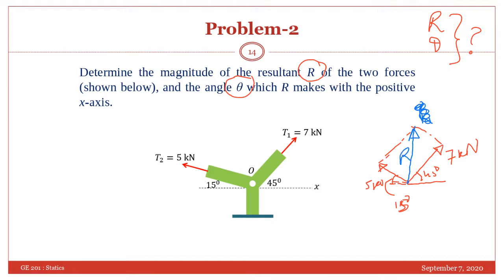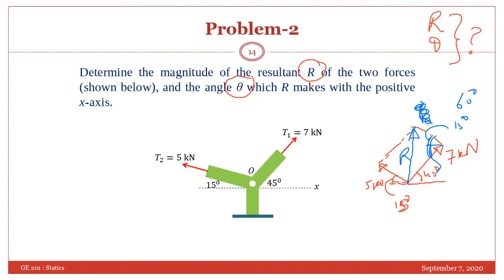So this is 45. As you know, this angle will also be 45 because of the alternate angle. And this is making an angle of 15 degree with the horizontal. So this side will also make the same because this line and this line are parallel. So this is 15, this is 45, so the total will become 60 degree. Then you can apply the cosine law.